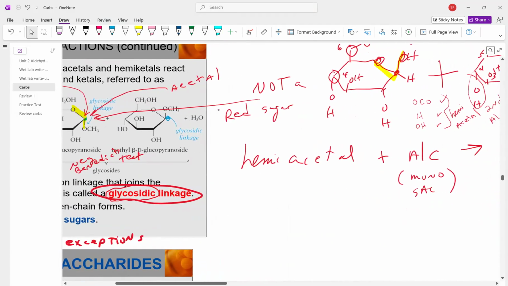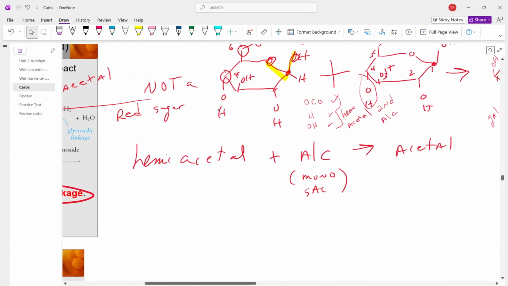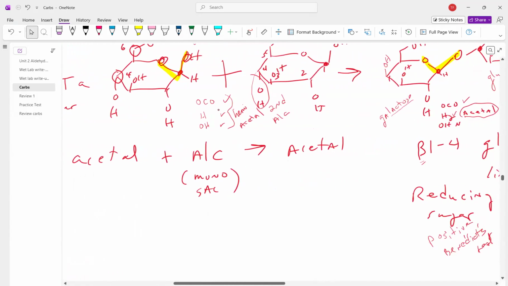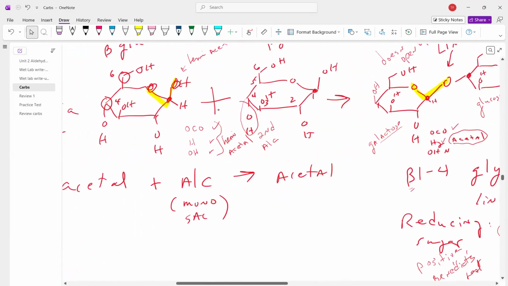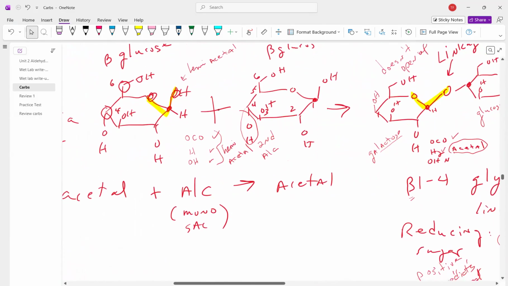So we're starting with a hemiacetal, OCO, and we have an H here on the anomeric carbon in OH's presence. That's a hemiacetal. We throw in an alcohol, in this case another glucose.